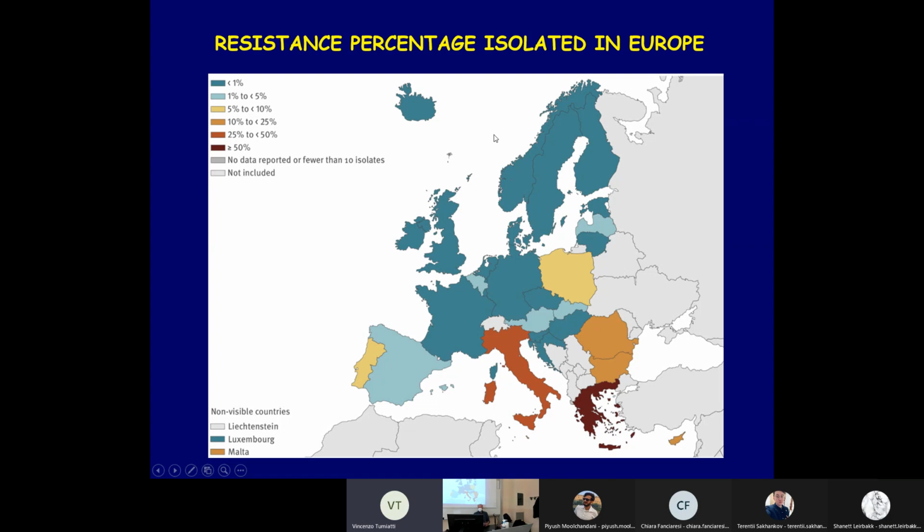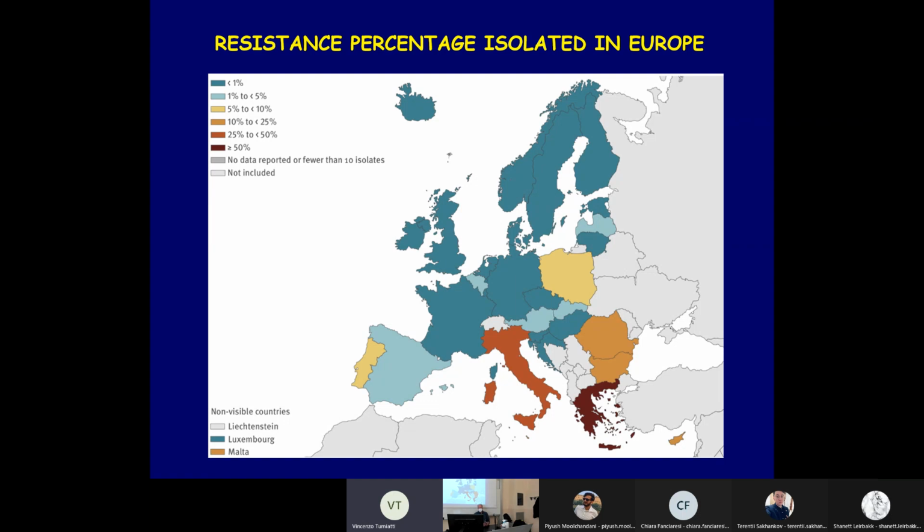Here in this picture, you can see the resistance percentage isolated in Europe. So you see the two worst countries are Greece and Italy. So in Italy, we have the highest amount of resistant strains.